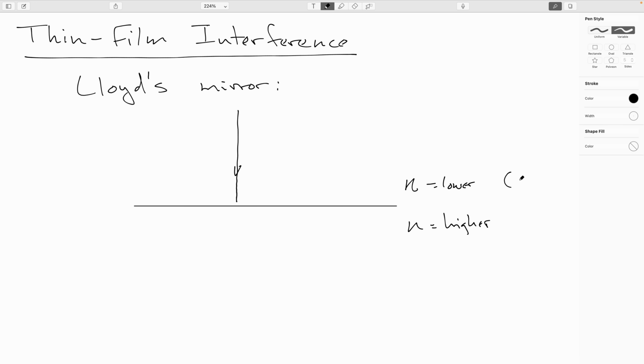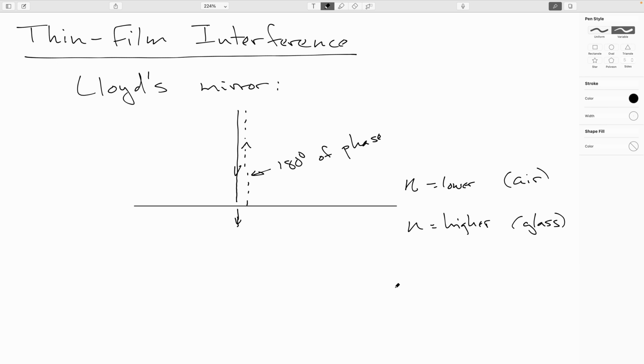So we can think, as an example, that this is air and this is glass. What Lloyd was able to demonstrate is that some of the light goes on through into the glass. That's called refraction. But for the bit that's reflected, what was reflected back was 180 degrees out of phase.